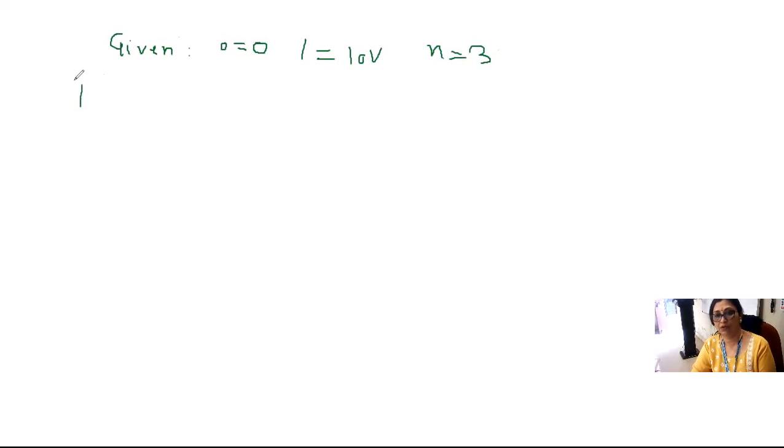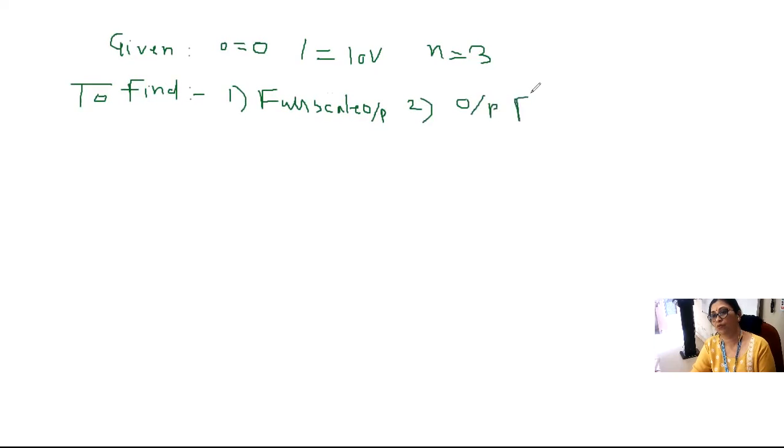Okay, so what are you going to find? Full scale output and output for 1 LSB.